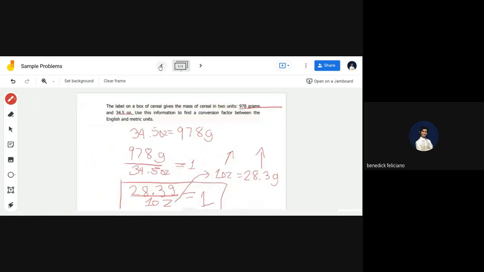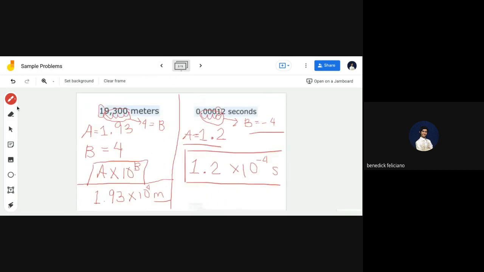So last, let us try to change the unit of its prefix by changing its coefficient to arrive at a whole number. Let's try to change 1.93 times 10 raised to 4 into kilometers.